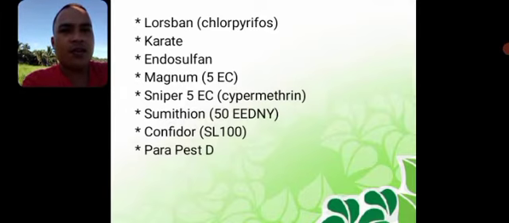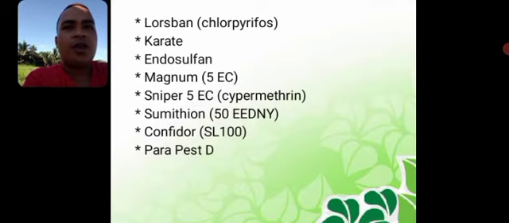Next is endosulfan. Endosulfan has two isomers, endo and exo, known popularly as alpha and beta. It is a product of oxidation containing one extra oxygen atom attached to the S atom.